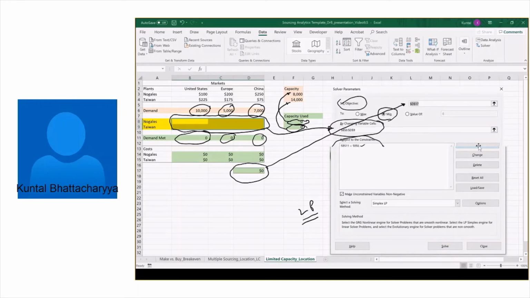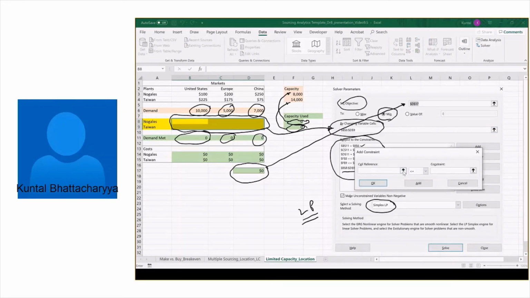So my first constraint that I'll add is, give me a second here. I have too much stuff here that I don't need.